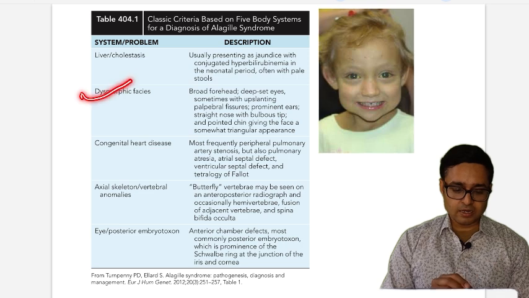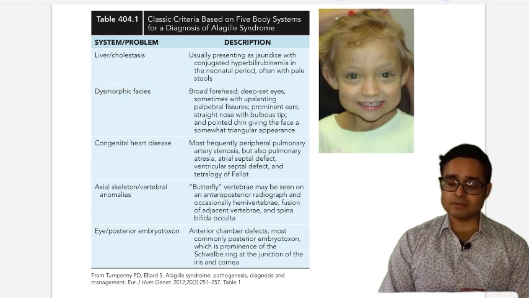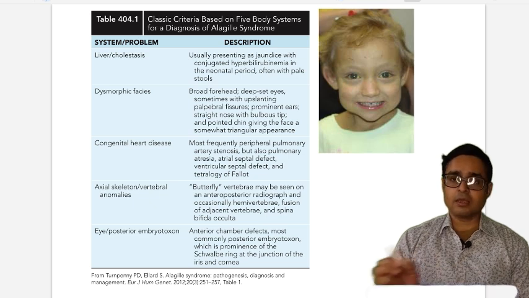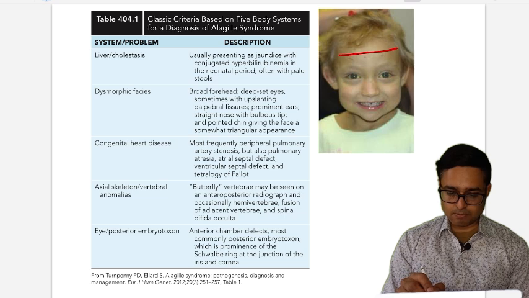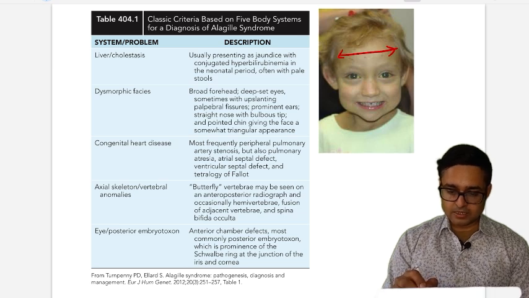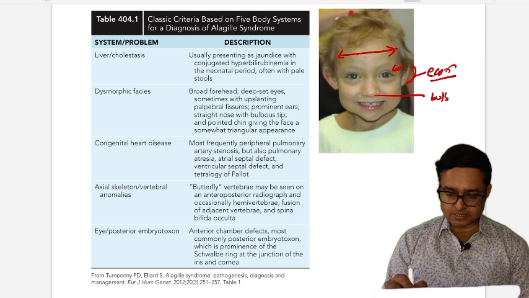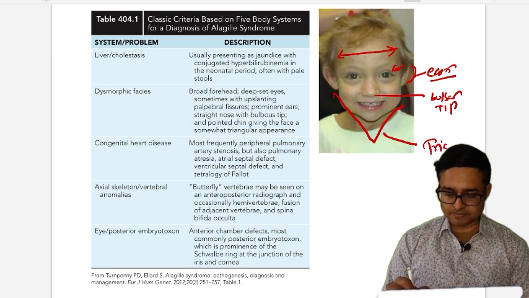So this is sorted. Dysmorphic facies is important, and Alagille syndrome can be diagnosed by facies alone in a low resource setting. So you see this is actually a broad forehead, deep set eyes, prominent ears, straight nose and bulbous tip, and this looks like a triangular face.